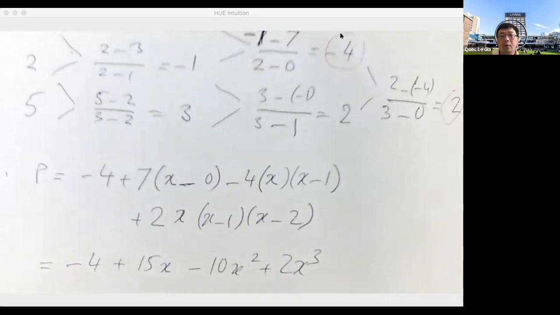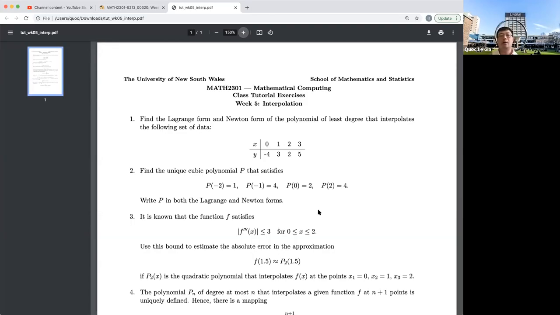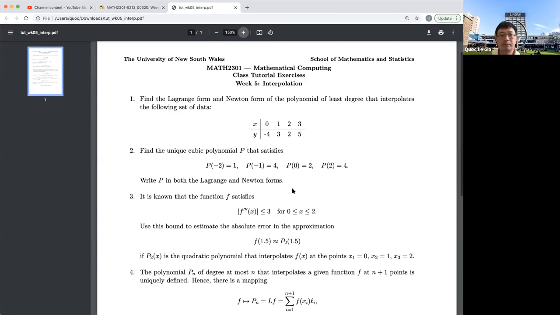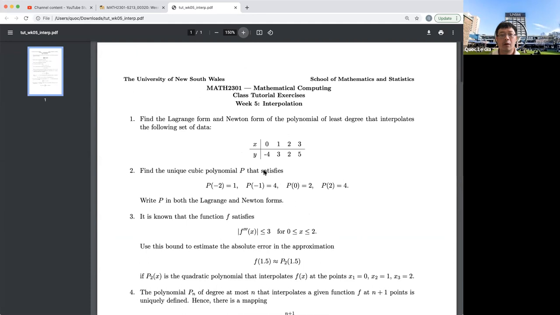And if you go back to the problems, now you see that the second problem is identical.